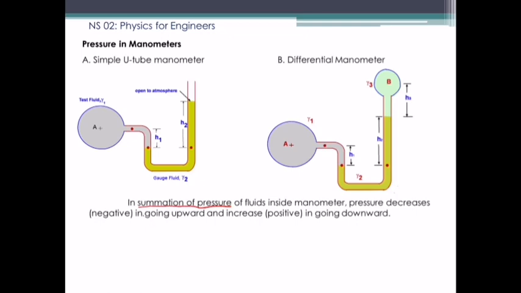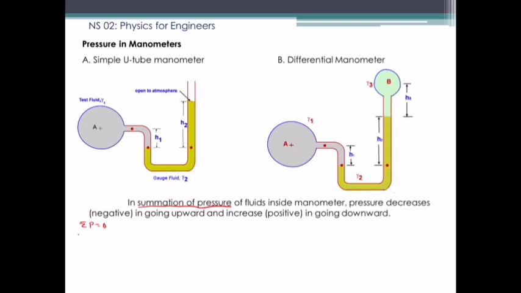Let's say for example, in this simple U-tube manometer, take note that at this end, which is open to the atmosphere, the pressure is, of course, atmospheric pressure. Using summation of pressures for this simple U-tube manometer, the summation of pressure is equal to 0.